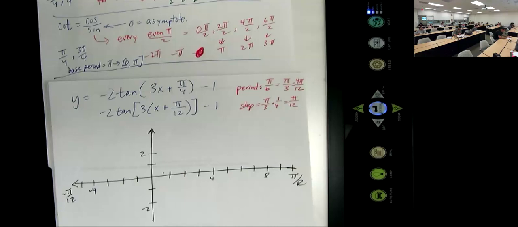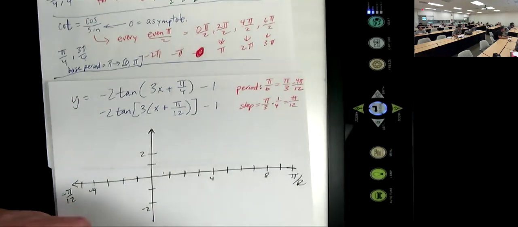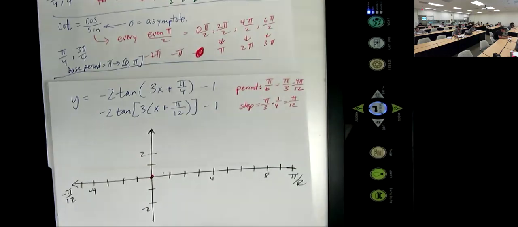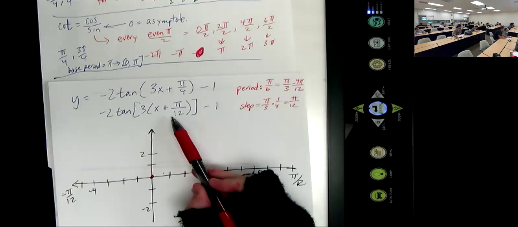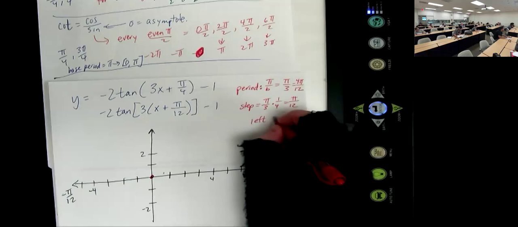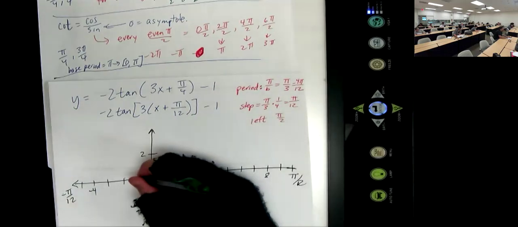So the base graph has a 0 at pi. And we're shifting this one left, right? Left or right? Left. So left pi over 4, so my real 0 is gonna be here.